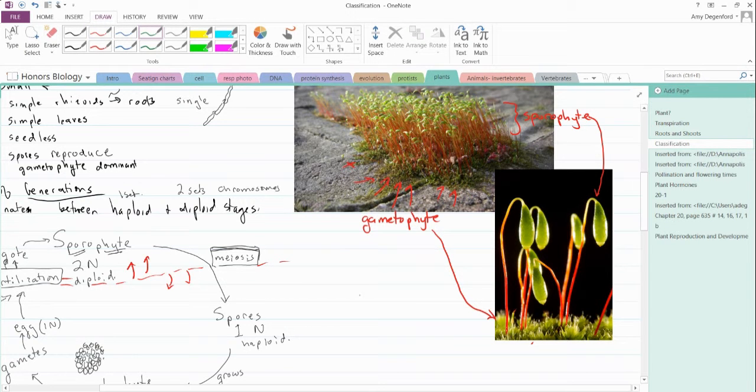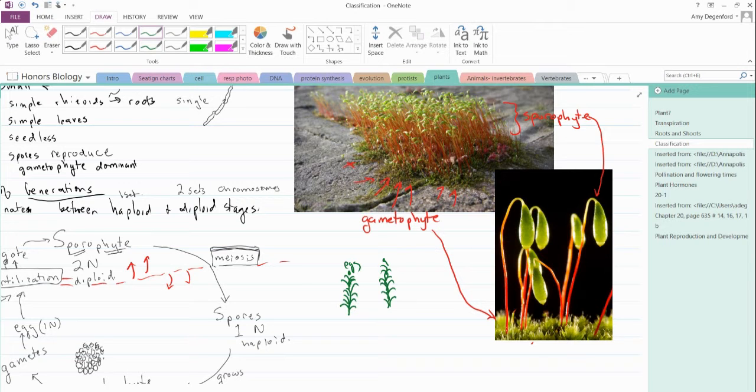So in the moss, what we would see is actually the gametophyte, one of which is going to bear the egg, and then another gametophyte which produces the sperm cells. And here's another reason why they need to be around water. The sperm cells are going to be needing water because they travel through the flagella.